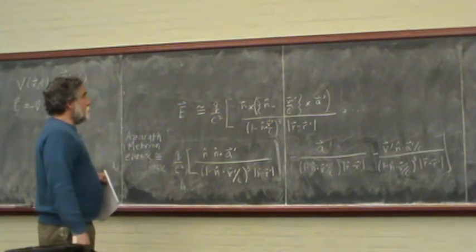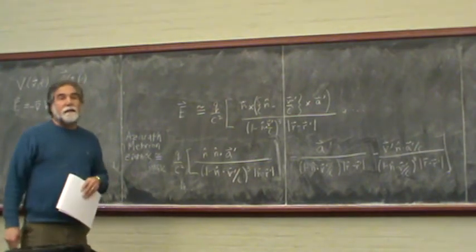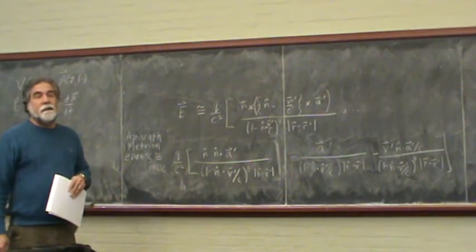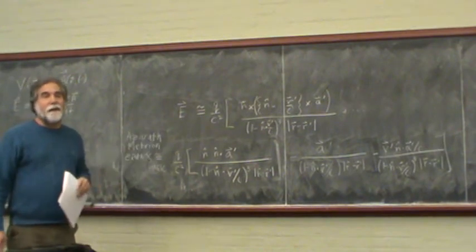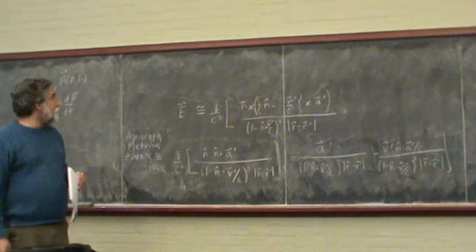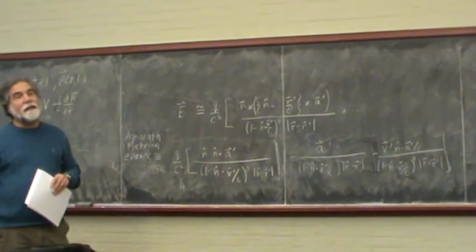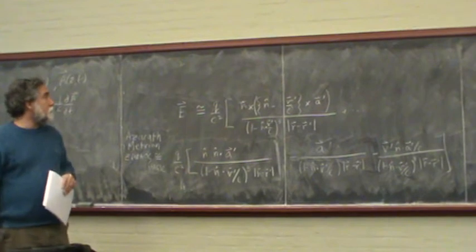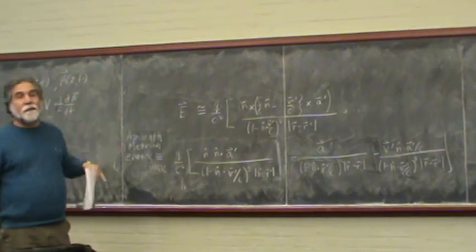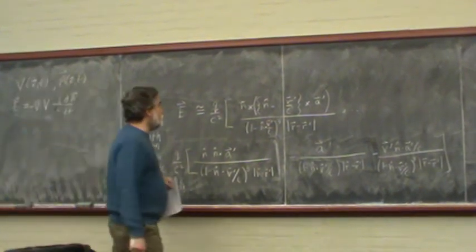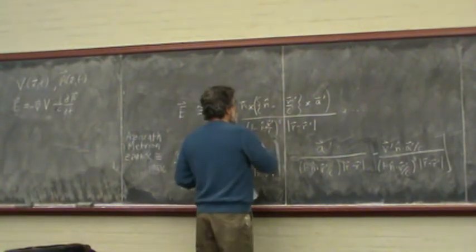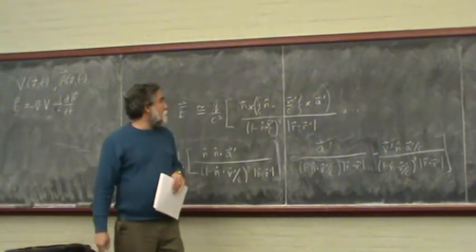All right, this is actually correct relativistically. Not correct, it's approximately correct relativistically. If I use V much, much less than C, then a lot of these terms drop out. In fact, this term and that term drop out.